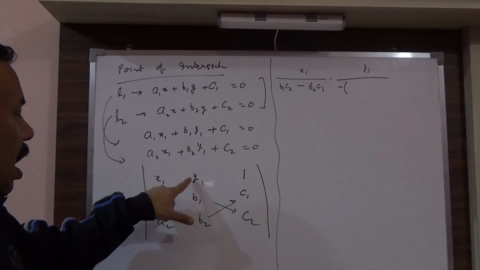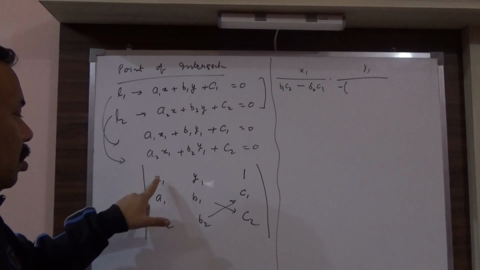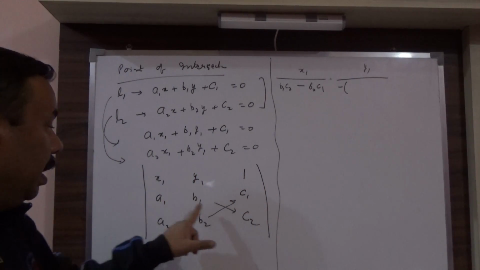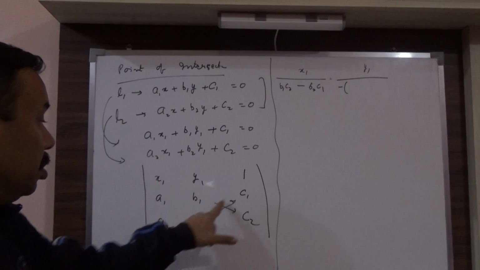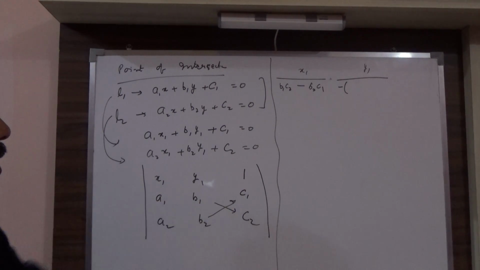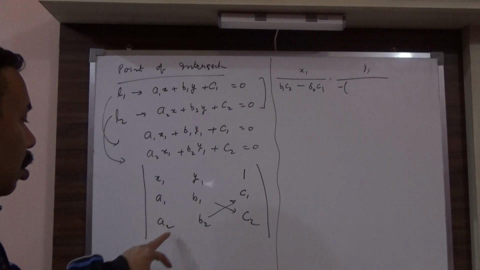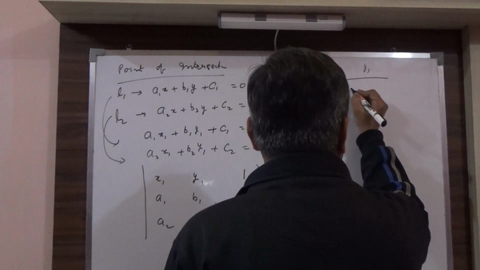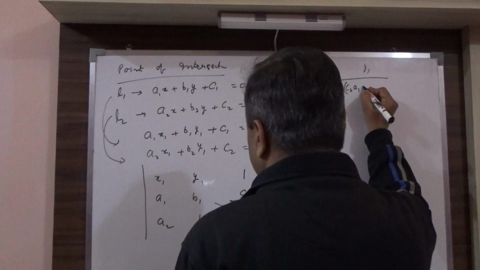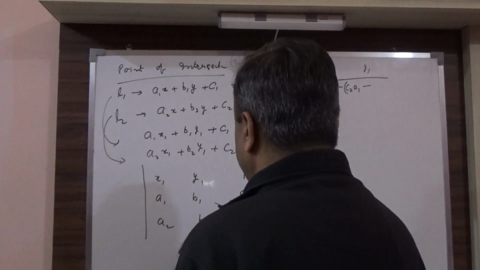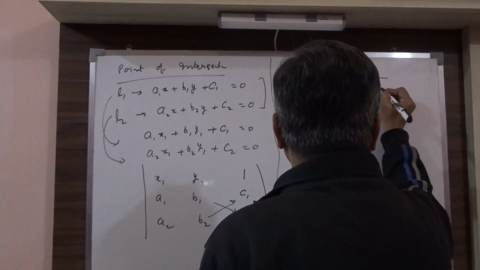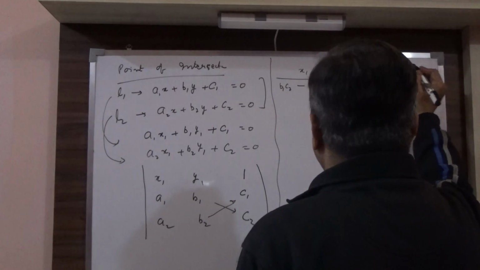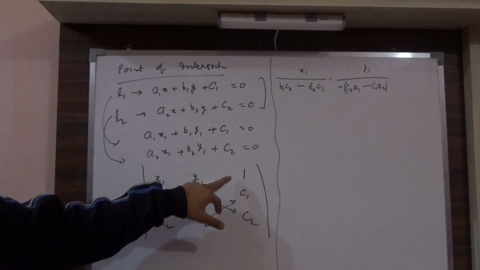So now I have taken y1 over, I will leave this row and this column, then a1 c2 minus a2 c1, upper to low, then low to up, that is a1 c2, or I should write it as c2 a1, that will be better, c2 a1 and minus c1 a2. And then the third one is just 1.